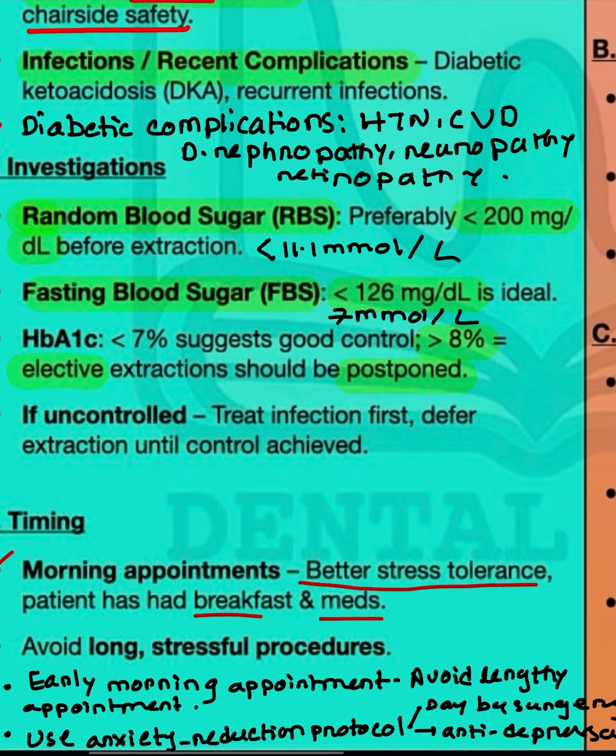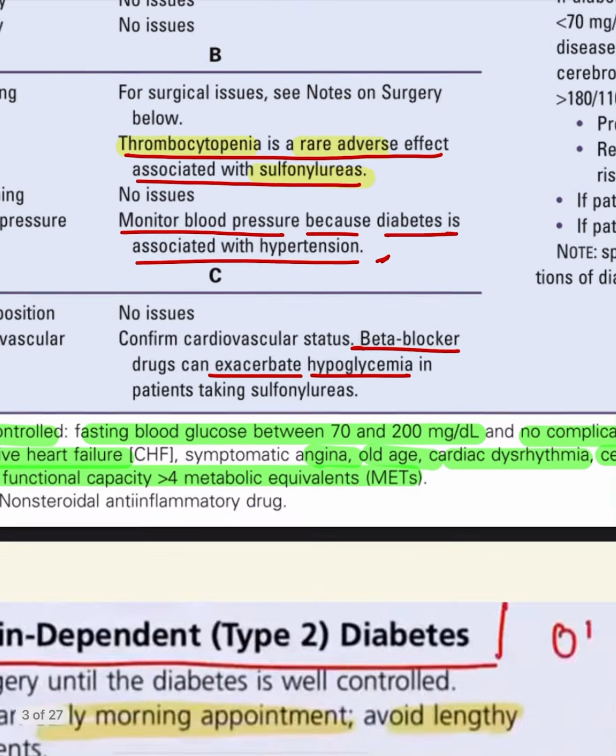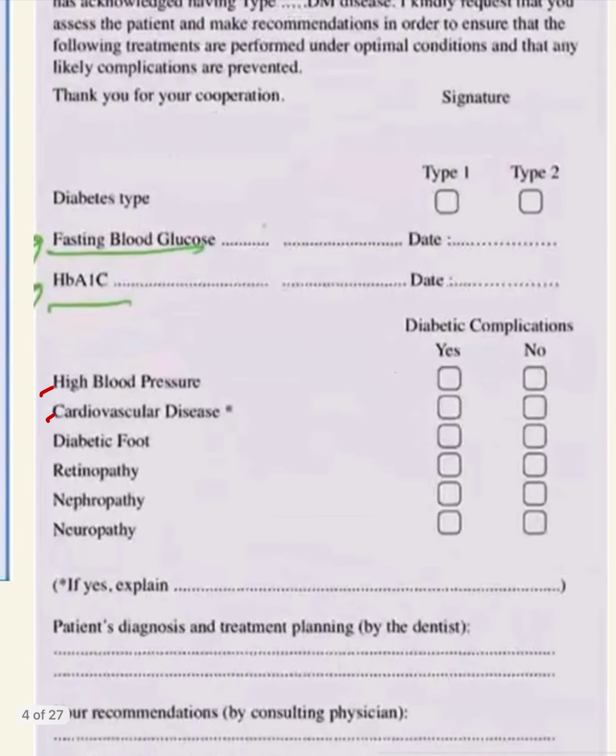So there is a form we can use for diabetic patients. First ask about the type of diabetes. Suppose the patient has type 2 diabetes, and suppose she did a fasting blood sugar seven days ago.